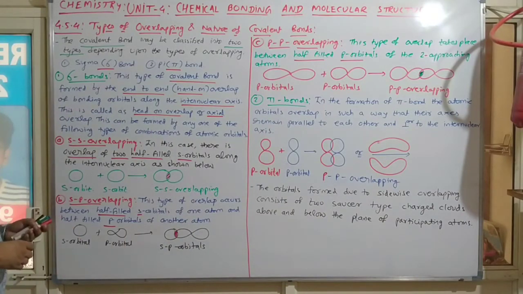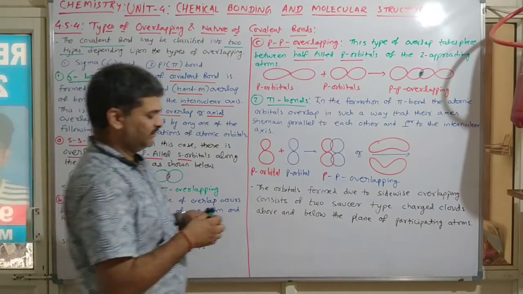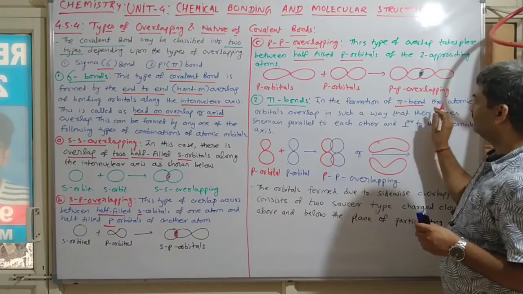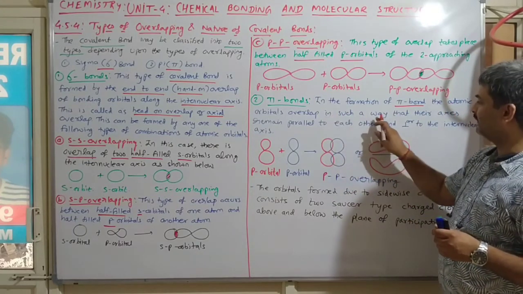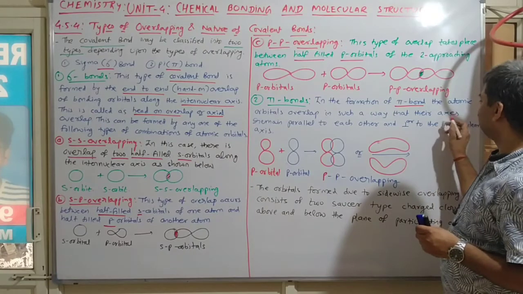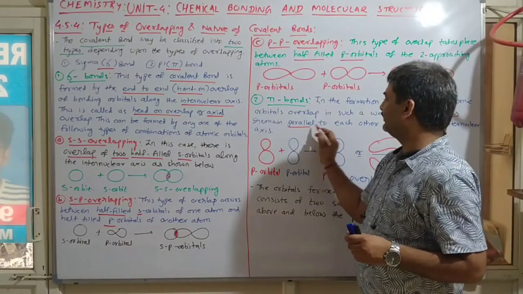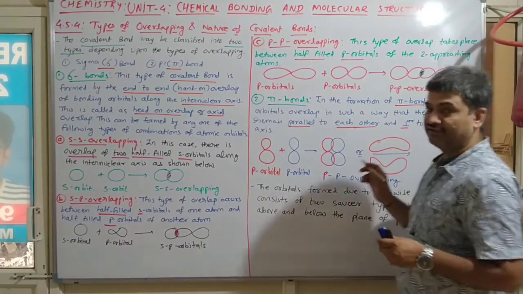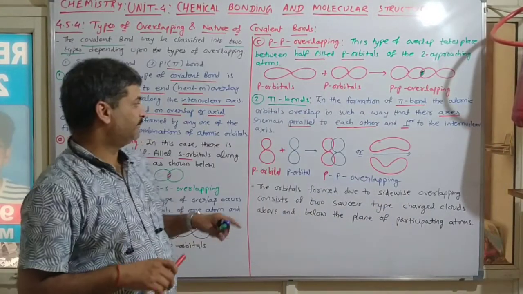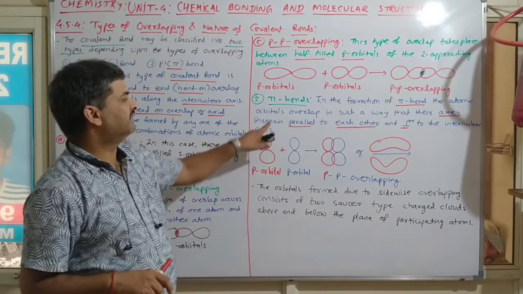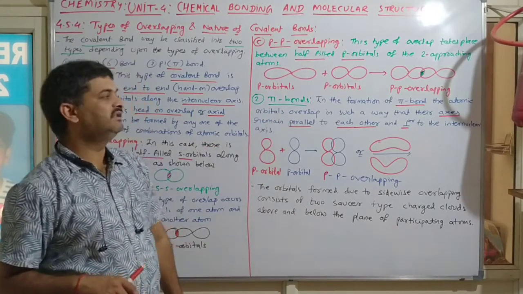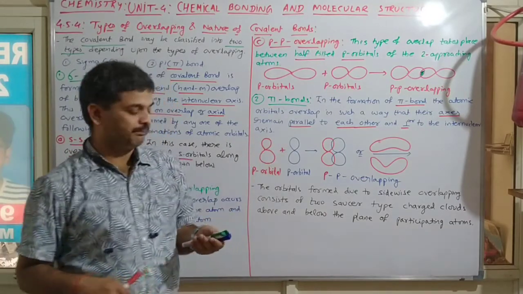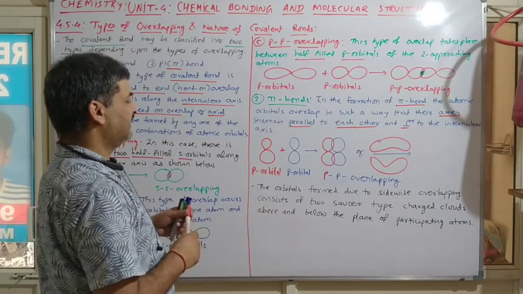Now second type of bond is pi bond. So what comes in pi bond? See, in the formation of pi bond, the atomic orbital overlap in such a way that their axes remain parallel to each other and perpendicular to the internuclear axis. Again I am repeating, in the formation of pi bond, the atomic orbital overlap in such a way that their axes remain parallel to each other and perpendicular to the internuclear axis.